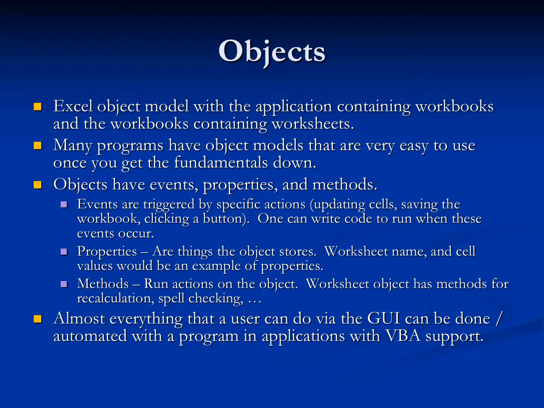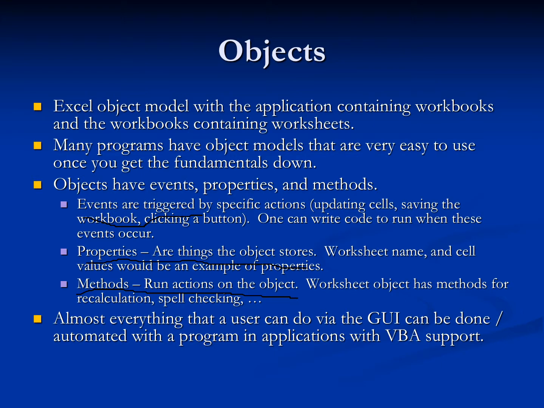So one application might have multiple workbooks, and then each workbook will have multiple worksheets. And anything that you can do through the graphic user interface, you can do with programming in Excel. And you can have events that are triggered. You can have properties, things that you set about the object, as well as methods, which are actions the object runs.